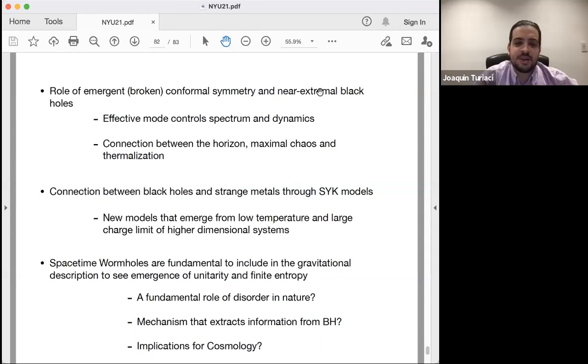Yeah, definitely. People are trying to do it. There are the strange metals that appear when you heat up a high temperature superconductor a little bit. I guess that's the motivation for condensed matter physicists to understand them. SYK behaves very similarly, although if you want to make a model of SYK that is realistic in that sense, then it becomes a little bit complicated.